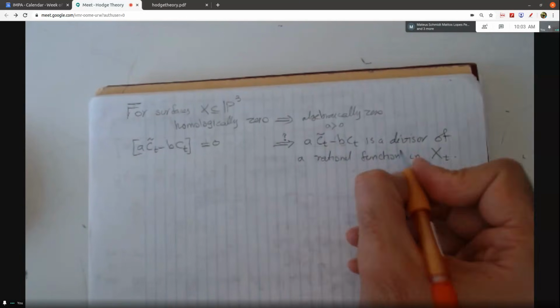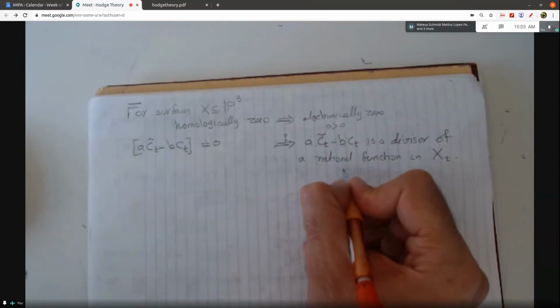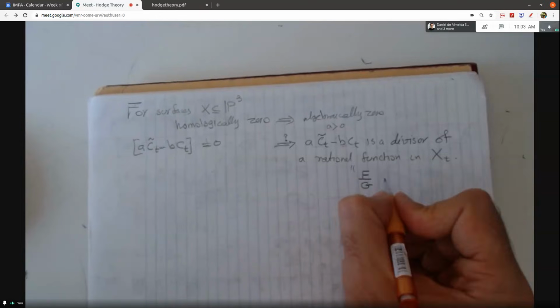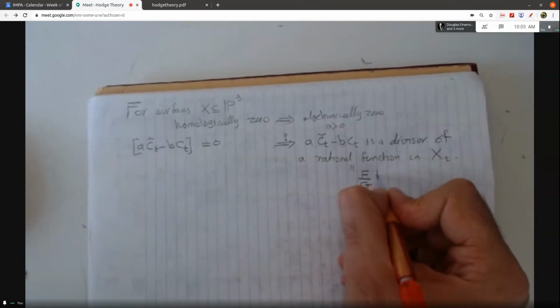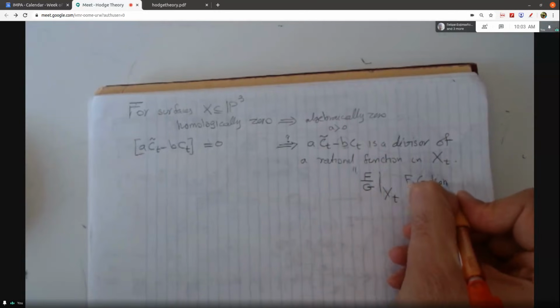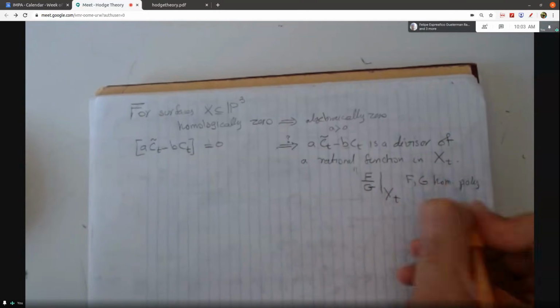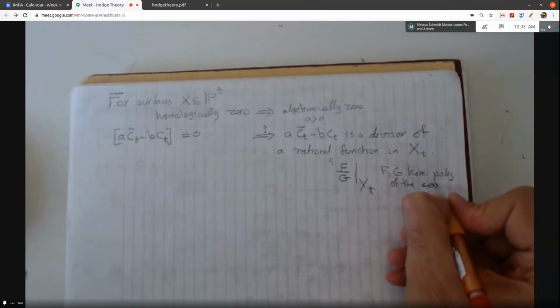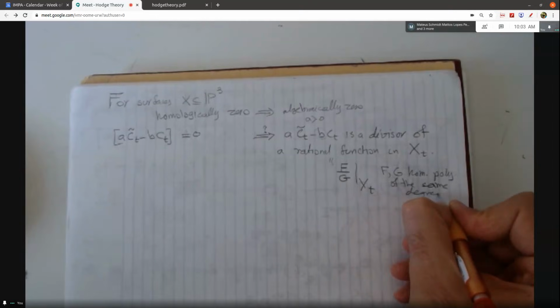Then rational functions in xt are just of the form f over g restricted to xt, with f and g homogeneous polynomials of the same degree.